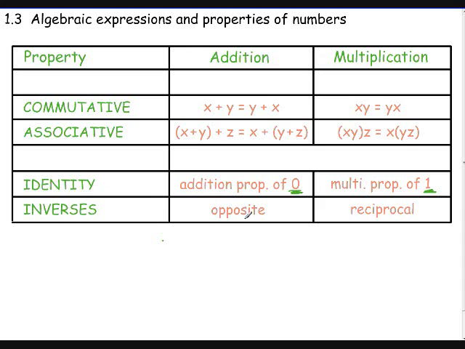Inverses we've been talking about. What is the opposite of addition? Subtraction. So the inverse for addition, we're talking about using the opposite sign. Inverse for multiplication, we're talking about division, and that's going to be flipping a fraction, right?